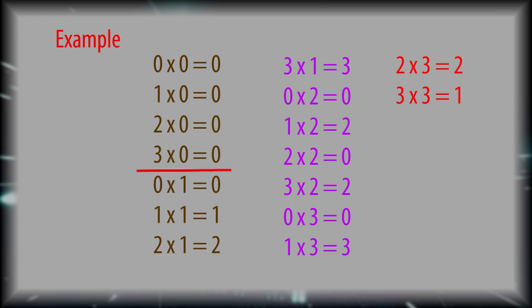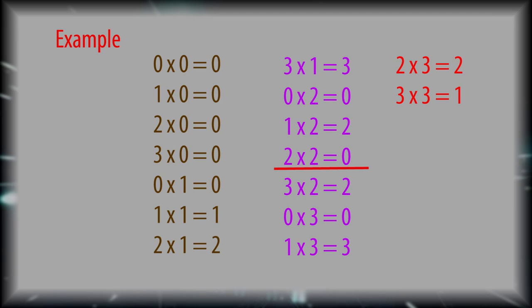Again, we have 1 times 1 is 1, 2 times 1 is 2, 3 times 1 is 3, 0 times 2 is 0, 1 times 2 is 2, 2 times 2 is 4, but we'll have to change the 4 to mod 4, and that gives us 0 mod 4.